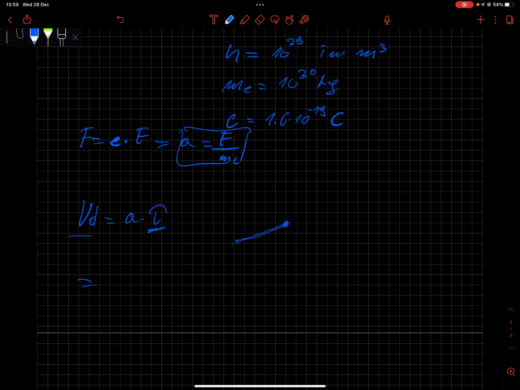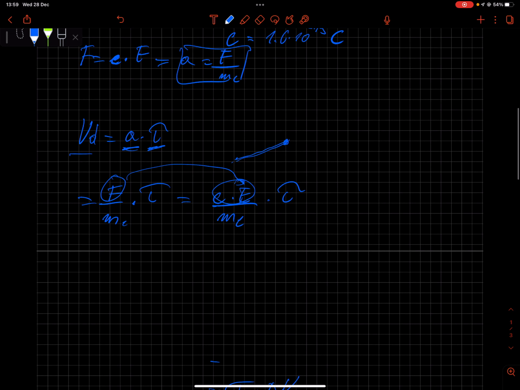We can express the acceleration as force divided by mass, times the time between collisions. So the force we can replace with the electron charge times the electric field, divided by mass, times tau. Basically I just replaced the force with this.